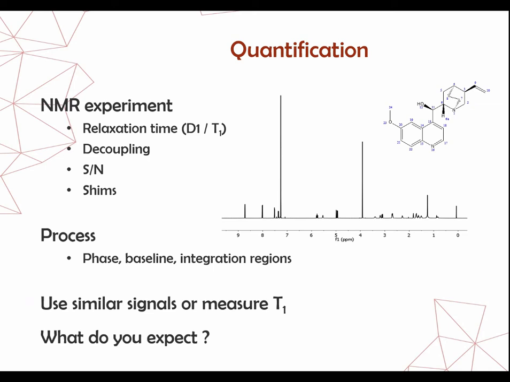And in this case, we have to pay attention to the conditions for quantification. Quantification in a number can be reached for every nucleus, but usually we only use it for proton spectra because the quantification is strongly impacted with decoupling.